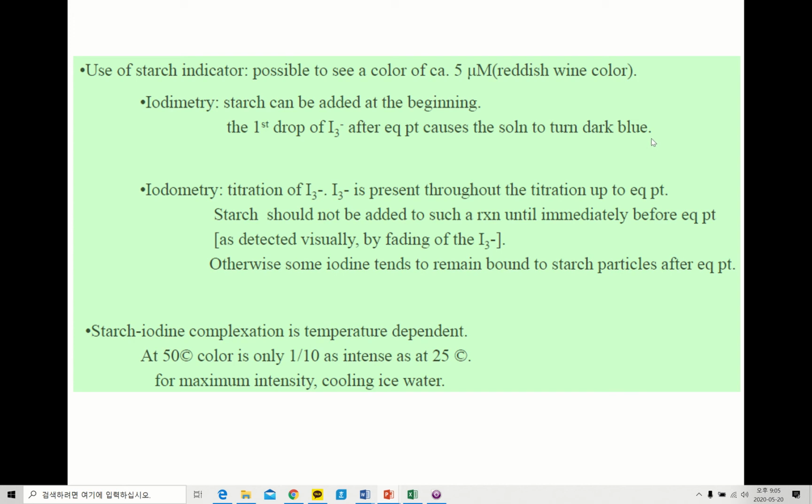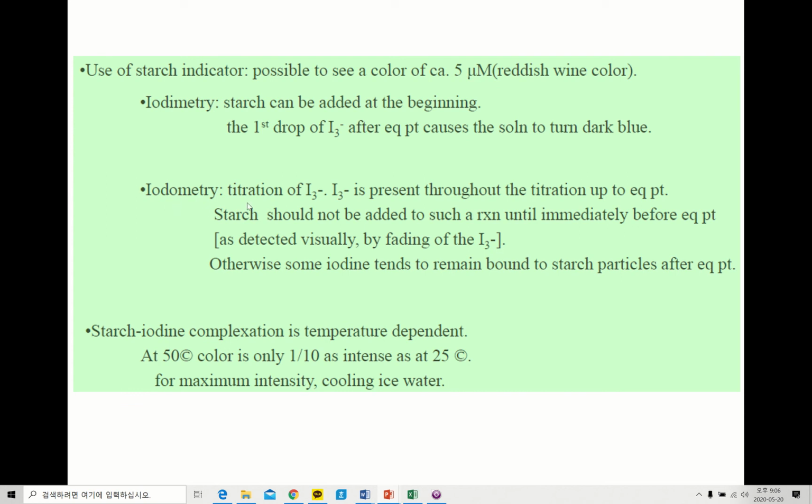But right after the equivalence point, when you add even one drop of the iodine solution, since the equivalence point has passed, that iodine or triiodide does not react with the analyte. Then this iodine combines with the starch indicator. So the color turns dark blue, and then you have to stop.